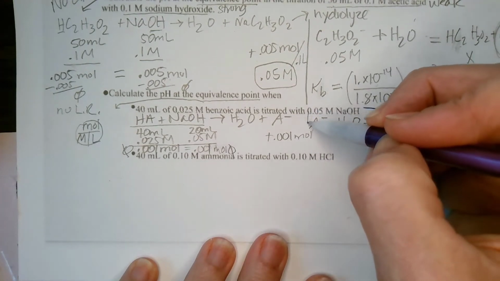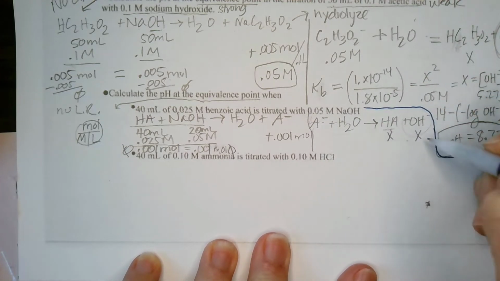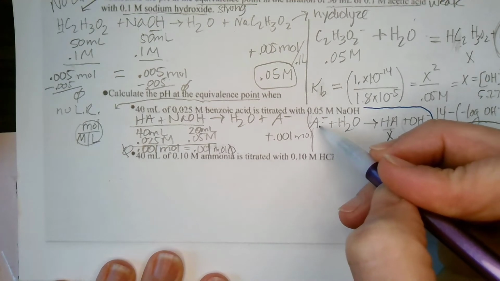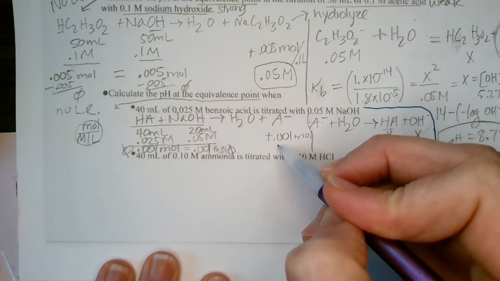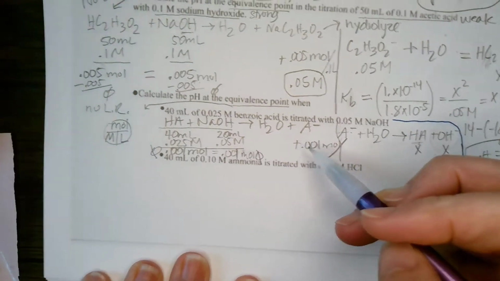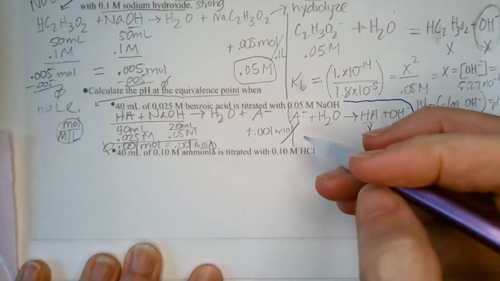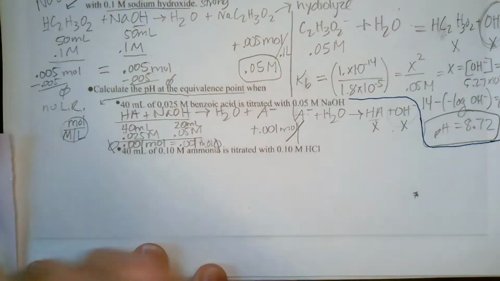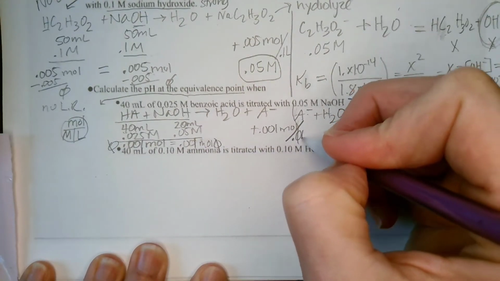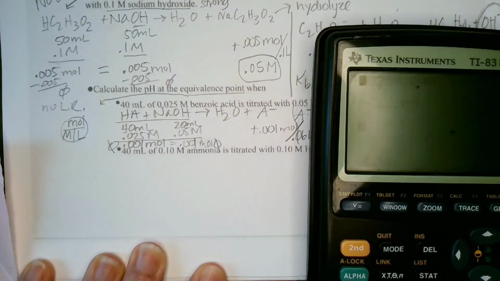So similar to the last one, I don't know the concentration of these, but we do know our A minus from over here. We had 0.001 moles. Now let's figure out this concentration. I had 40 milliliters plus 20 milliliters, which is 60, so that would be 0.06 liters. So let's do our 0.001 divided by 0.06.